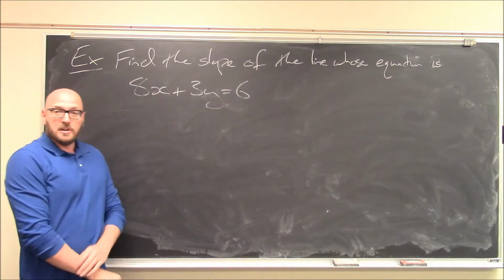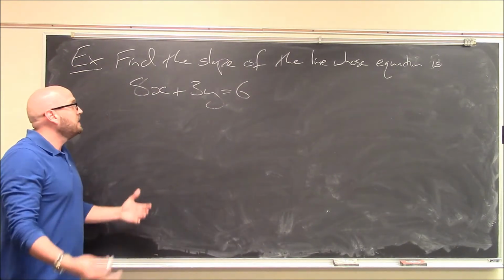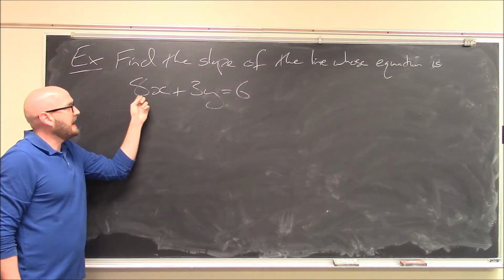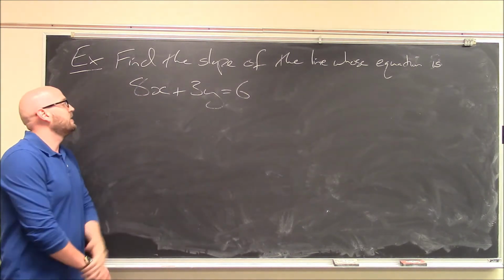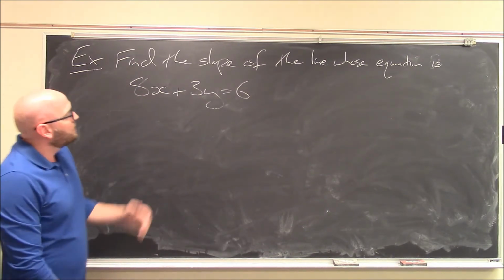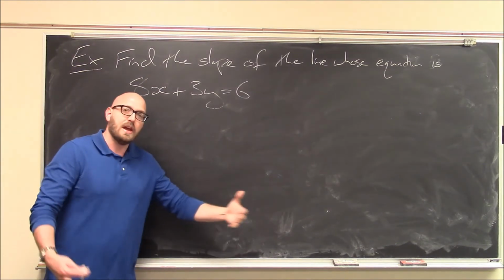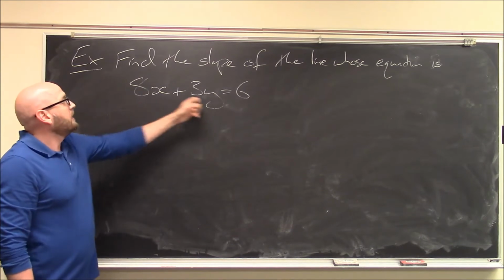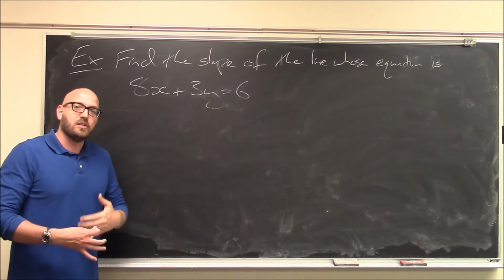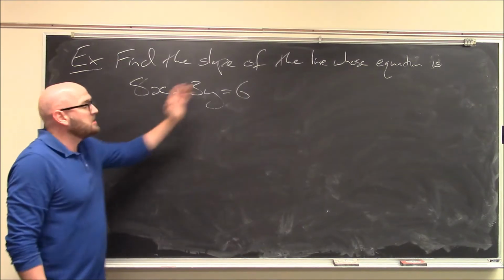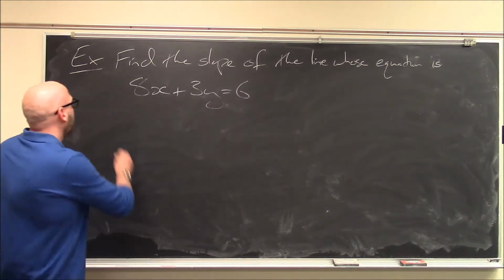So you might be tempted, okay, y equals mx plus b, m is the slope, and m is the coefficient of x, so you might say my slope is 8, but that's not quite right. And why not? Well, because it's only the slope when the equation is given in the form y equals mx plus b. And this is not in that form, right? It's not in the so-called slope-intercept form. So what I need to do is rearrange it and put it in slope-intercept form.